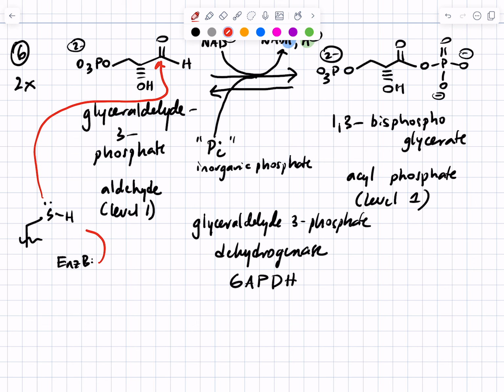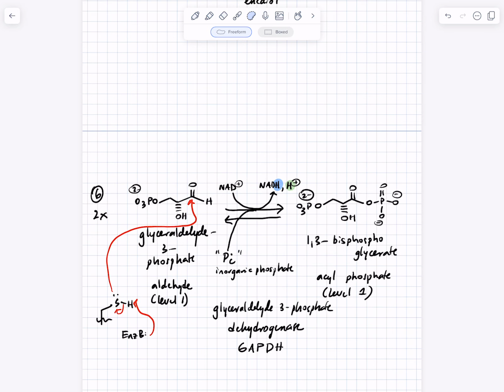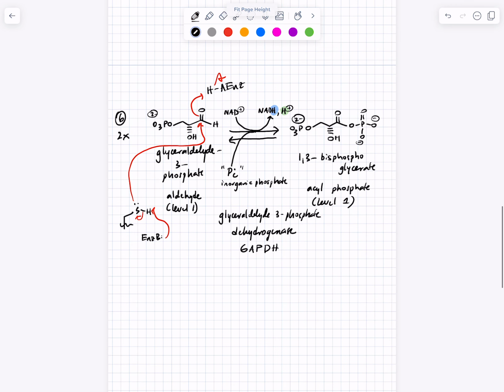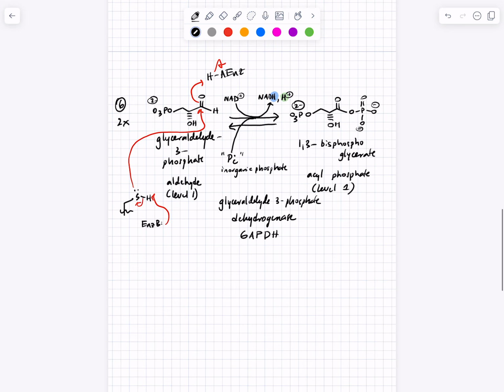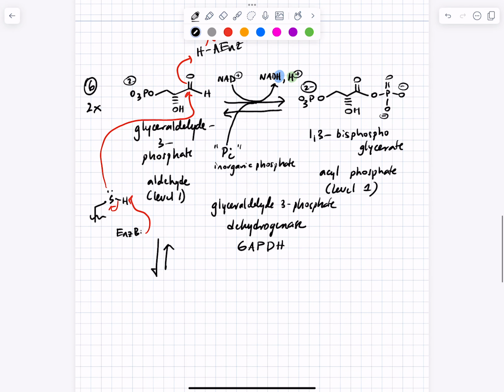So we'll have some base in the enzyme remove a proton from the cysteine, at the same time as it's attacking the carbonyl carbon of the aldehyde. And we'll show the enzyme protonating the tetrahedral intermediate as an alcohol. One of the things that enzymes do to accelerate reactions is they protonate charged species so that you don't have to go as uphill in energy when you're doing a step.